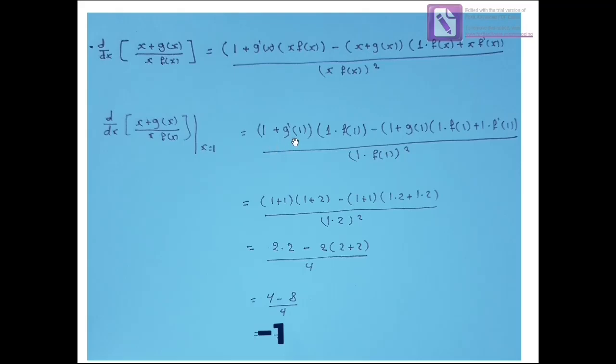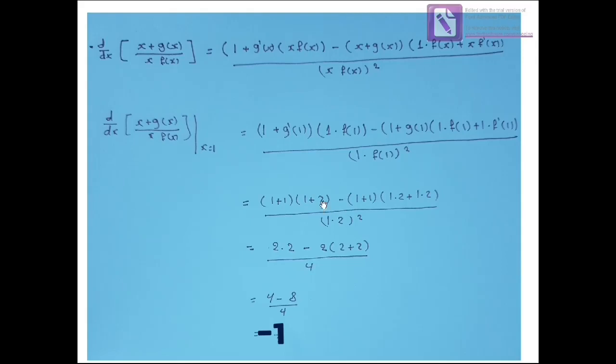So (1 plus 1), then multiplied by 1 multiplied by 2, so this will be 2, minus (1 plus 1), then multiplied by (1 multiplied by 2 plus 1 multiplied by 2).